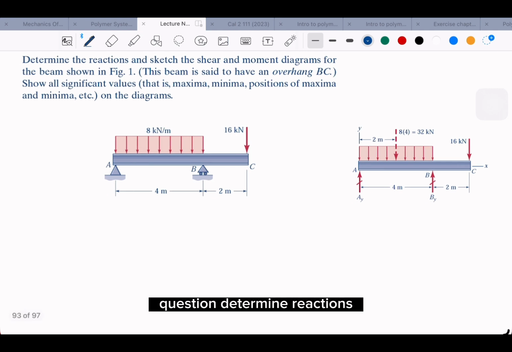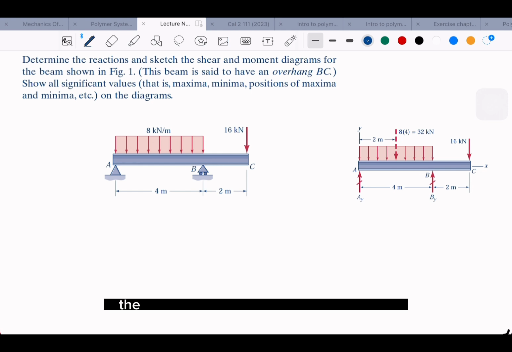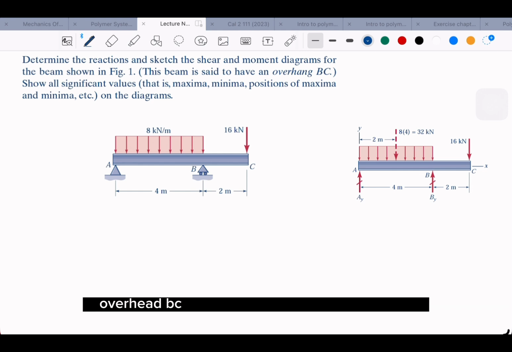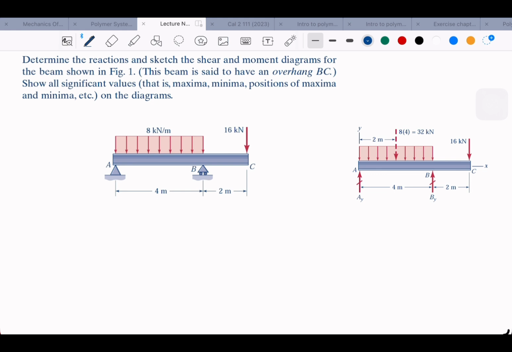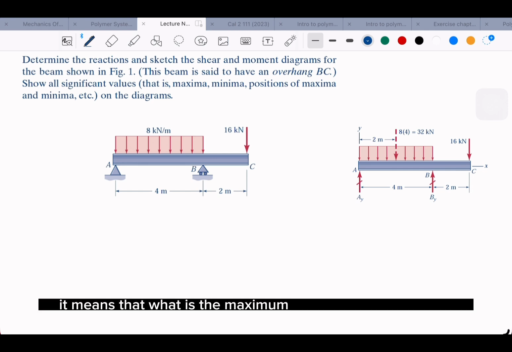Determine the reactions and sketch the shear and moment diagrams. The beam is said to have an overhang BC. Overhang BC means that there is nothing here. Okay. And then show all significant values: maxima, minima, position of maxima, minima. It means what is the maximum force, maximum moment.